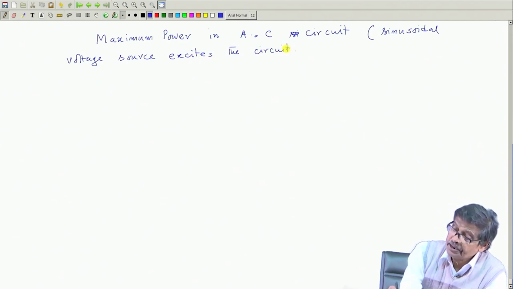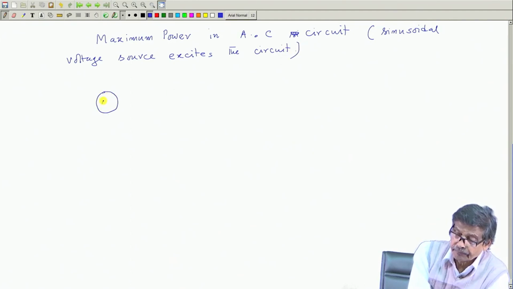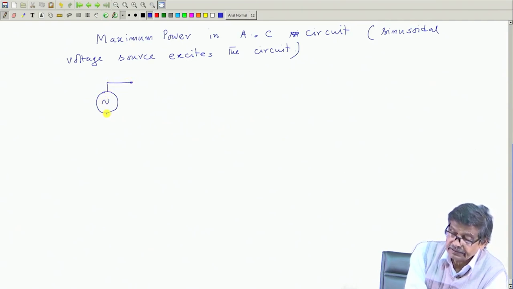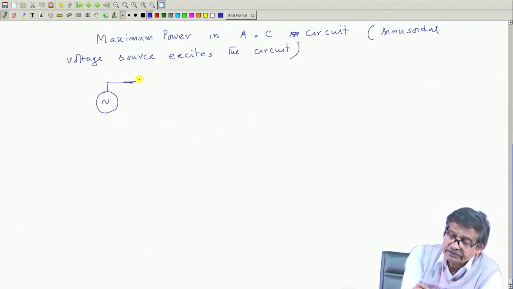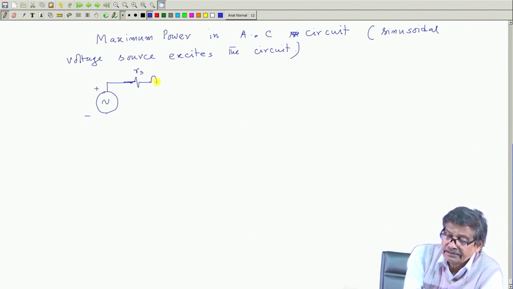How can the AC source be modeled? It is like this, and the internal impedance of a source or generator will now have a resistance Rs as well as a reactance jXs.